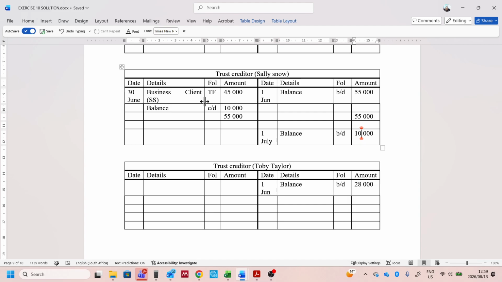You put it as a total, you add and you get the total. You put it on both sides under amounts. Then the side that is the smallest, you're going to have balance carried down. On the side that is the biggest, after the total, you're then going to have balance brought down, on all accounts that are balanced.